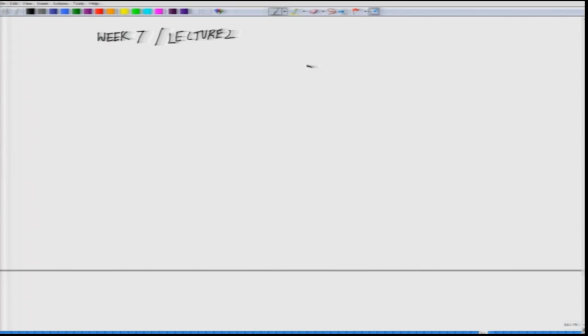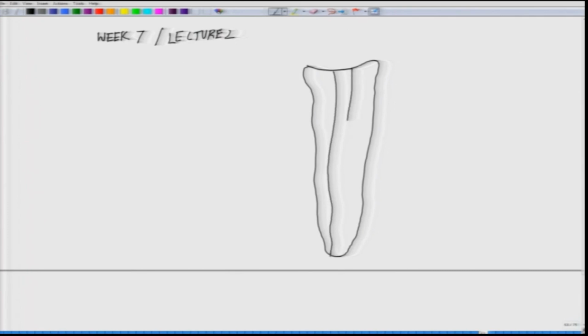So, say for example, this is the spinal cord, okay, and this is the ventral horn. The shaded region is the ventral horn.